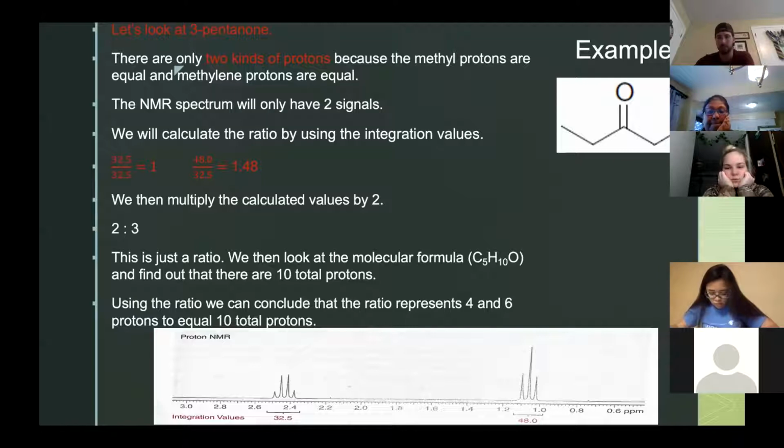Mm-hmm. So that's what we're talking about, this integration number. If you see a higher integration number, that means it's going to be a stronger peak, a stronger signal. Mm-hmm. Okay. Does that explain? So in some ways it's similar, but in many ways it's different from the gas chromatogram.